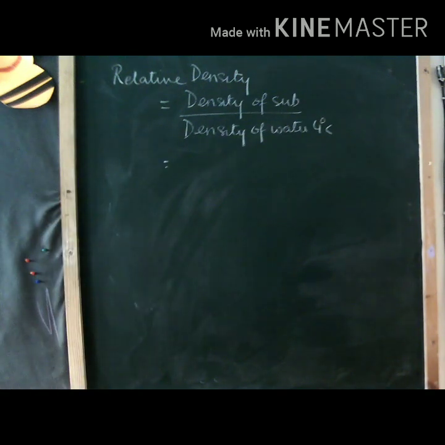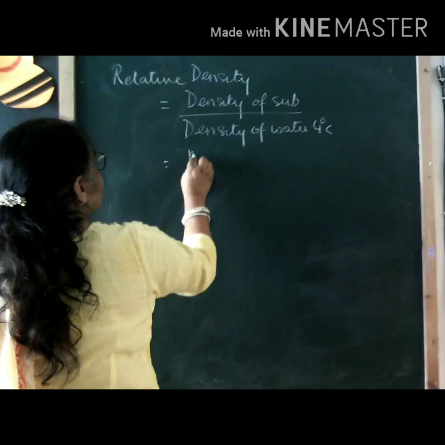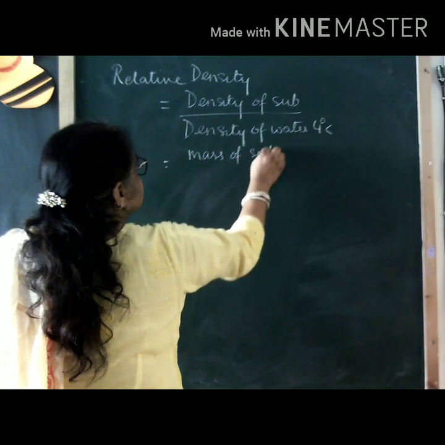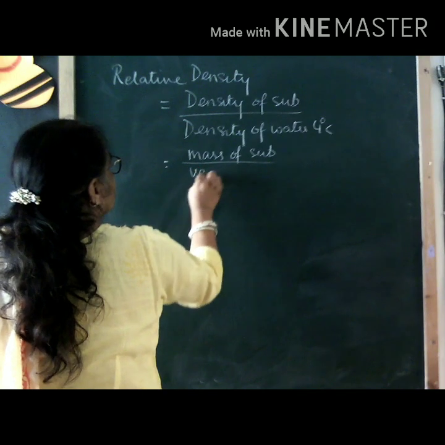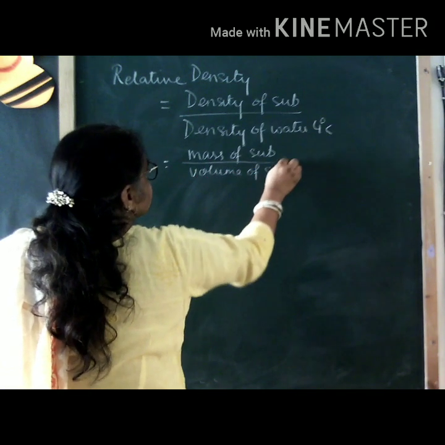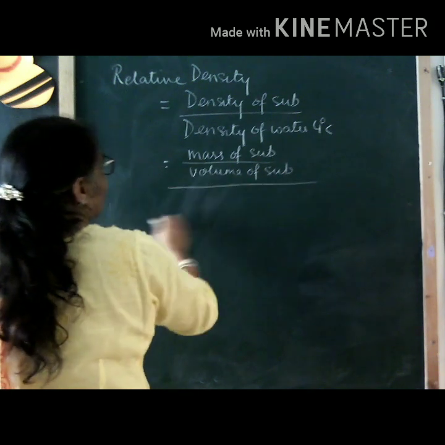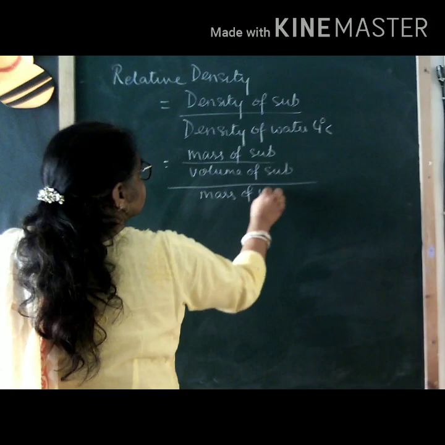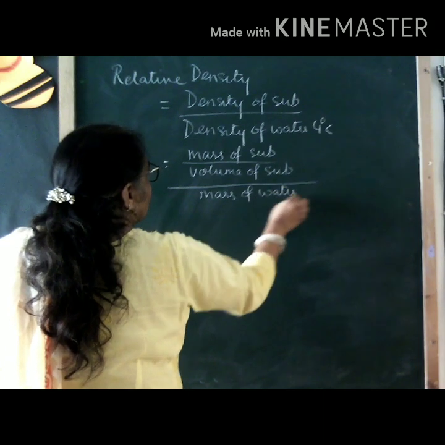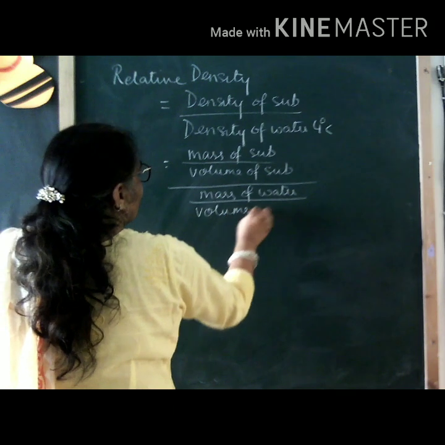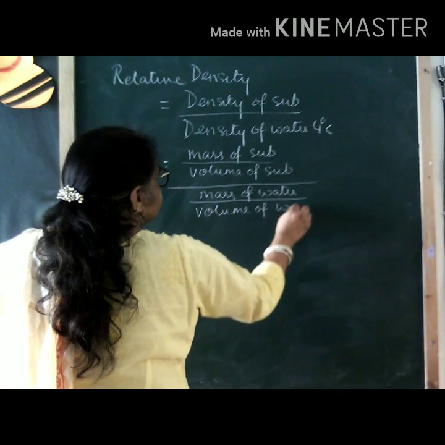Mass upon volume. So I can write this as mass of substance upon volume of substance divided by mass of water upon volume of water.